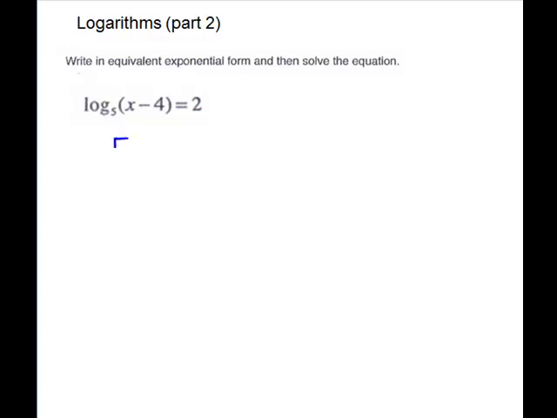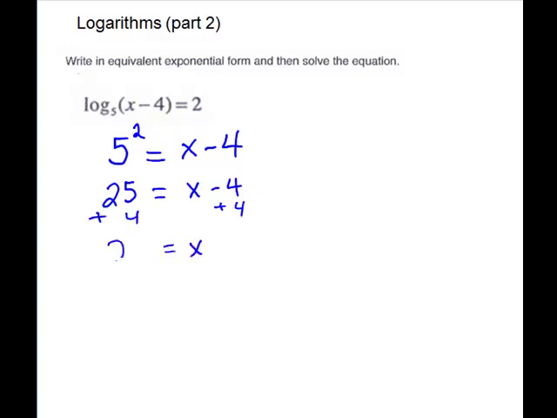So 5 to the second power equals x minus 4. And then we will solve. 5 squared we will work out is 25 equals x minus 4. And you just have to add your 4 to both sides. So x will equal 29.